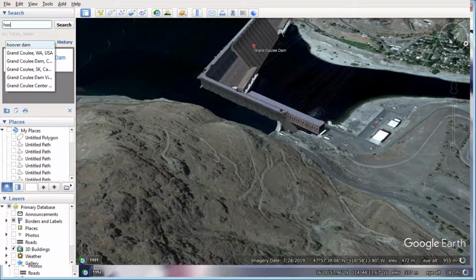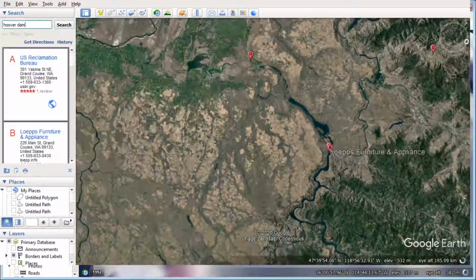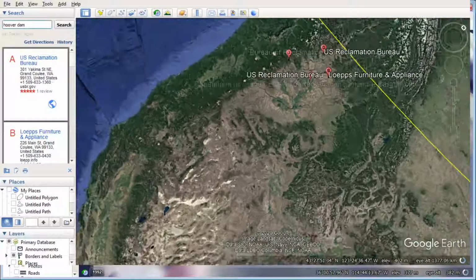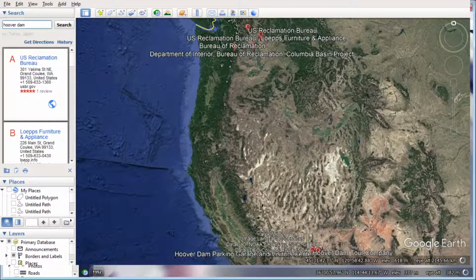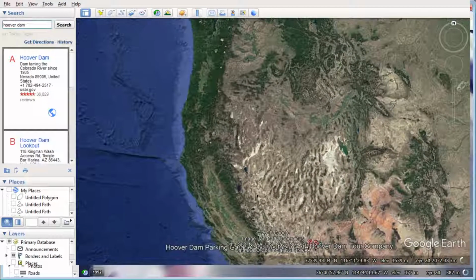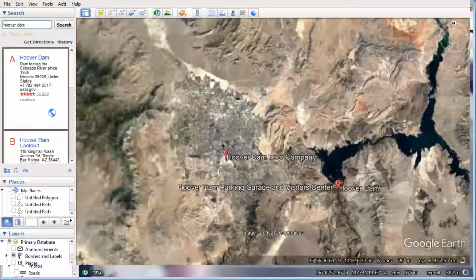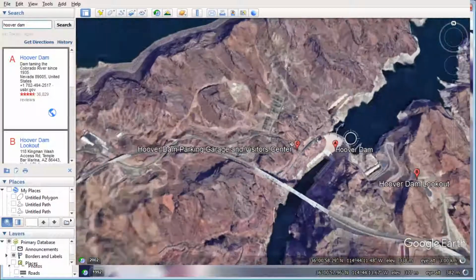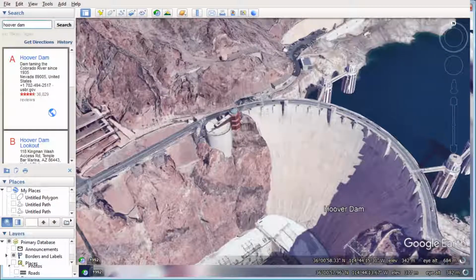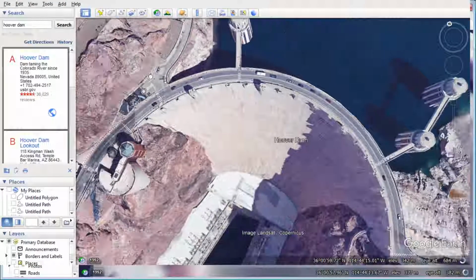There is another example that I want to show you, which is the Hoover Dam, also in the United States, in the state of Nevada. This is also a very large dam.